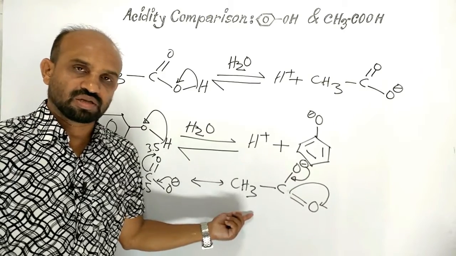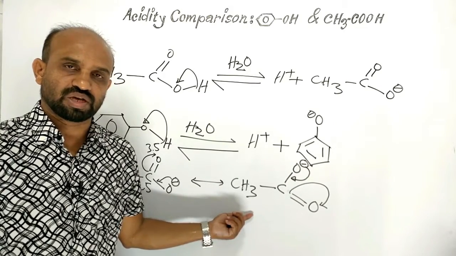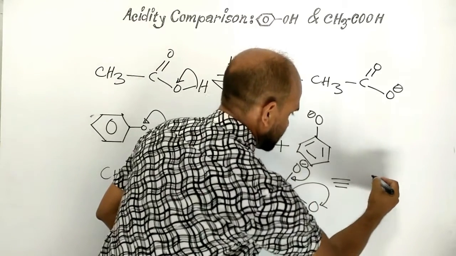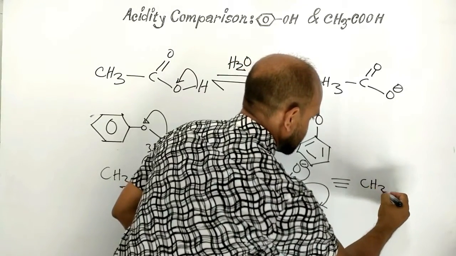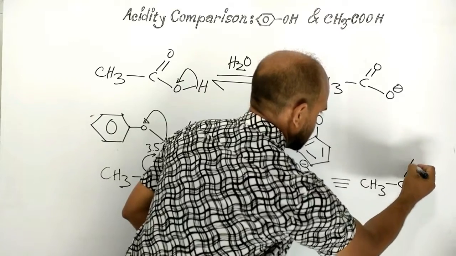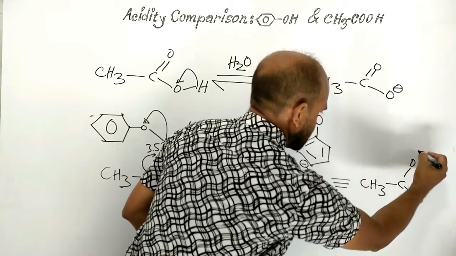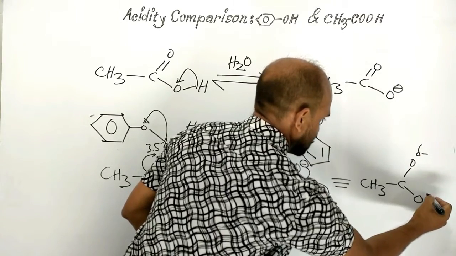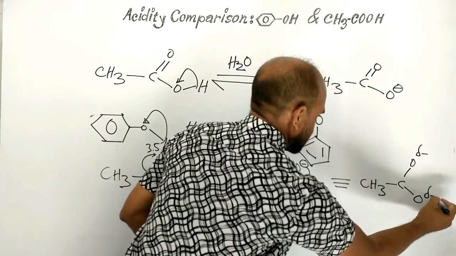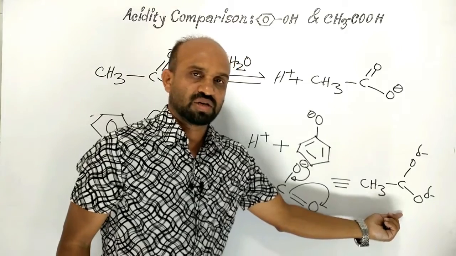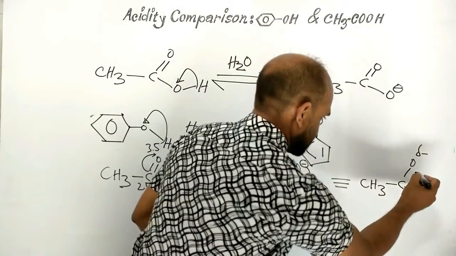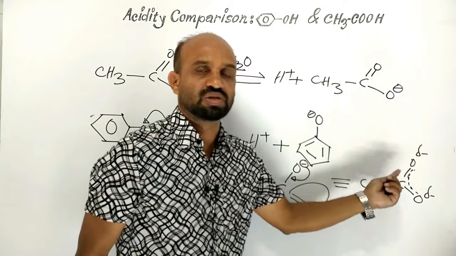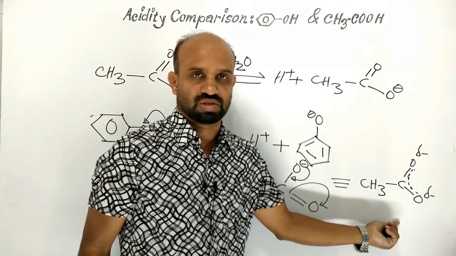These are the resonance structures of the acetate ion. The hybrid structure of the acetate ion is this. Here there is a partially negative charge on this oxygen as well, and these electrons move continuously from this oxygen to this oxygen.